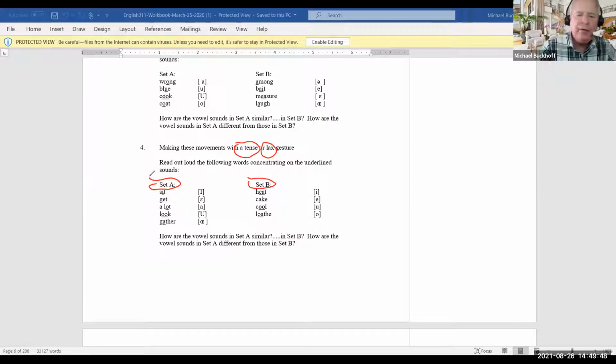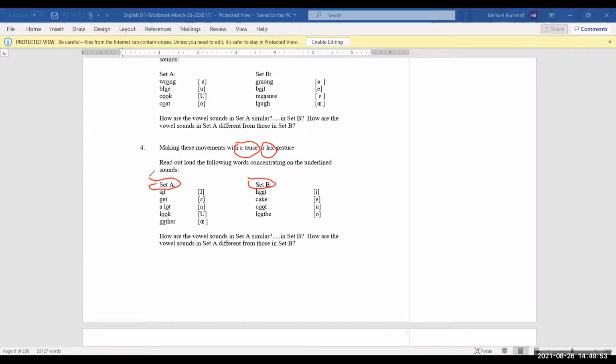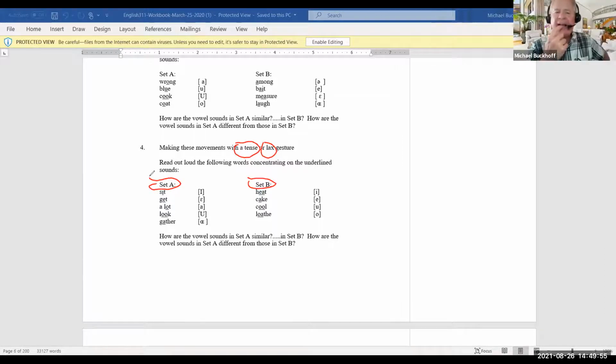Now, it's kind of hard to pay attention to this, but if you feel your tongue as you say eat, cake, cool, ooh, really hard, loathe, in every case in set B the tongue is kind of pointed and harder. But when we say sit, get, a lot, look, gather, you feel that the tongue is actually lax, it's soft.